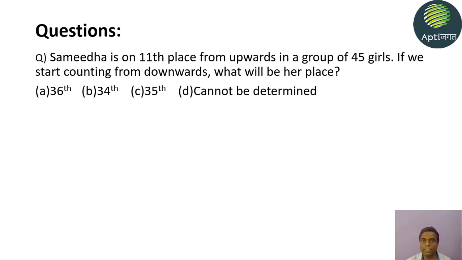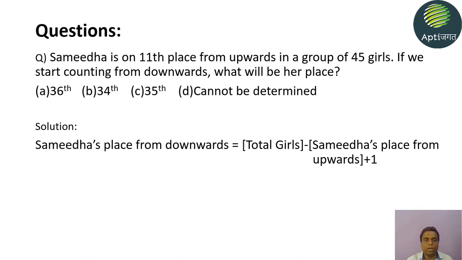Upward rank is given, total is given, downward rank is not given. If one of the three is unknown, we can easily calculate it. Two are known and the third is unknown. So we will apply the shortcut formula.